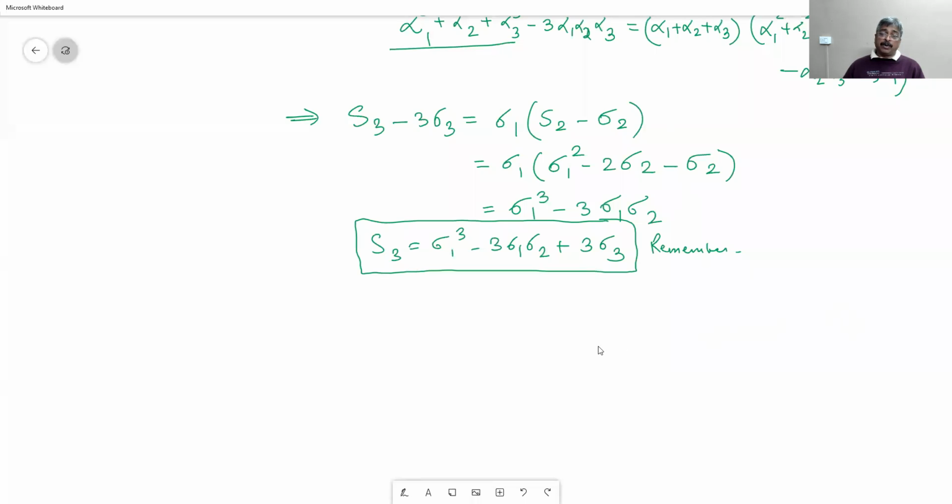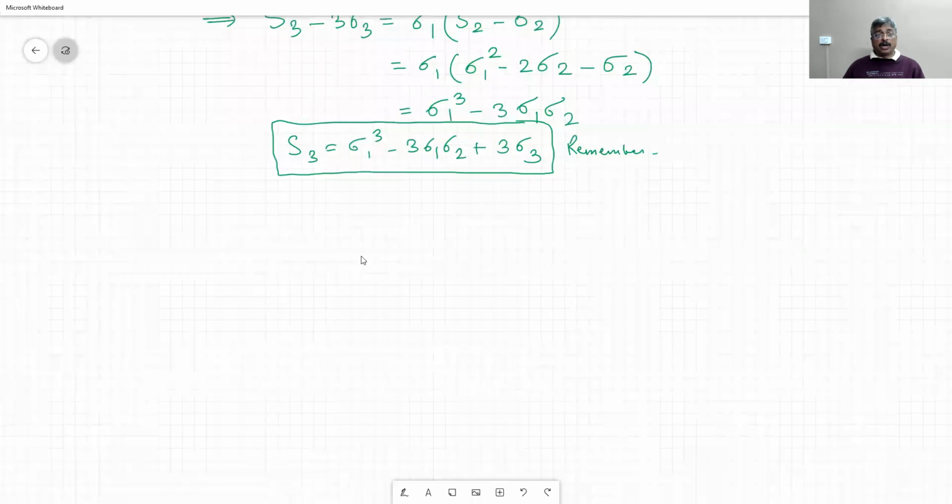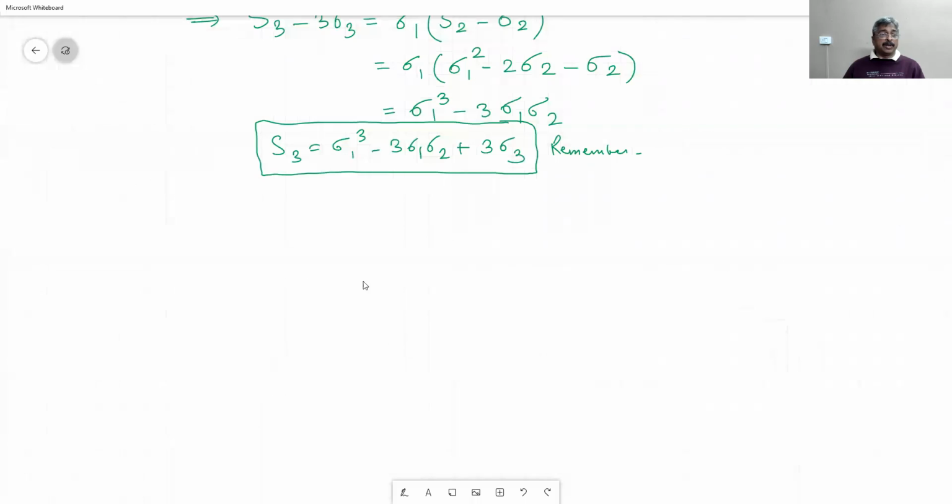Alpha, beta, gamma, alpha 1, alpha 2, alpha 3, we do not know unless we really find them out. But we are trying to find out what if I add all the alphas, what if I multiply all of them? Then what are the numbers we are dealing with?